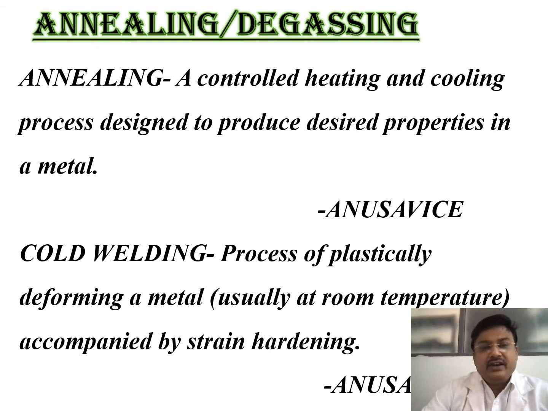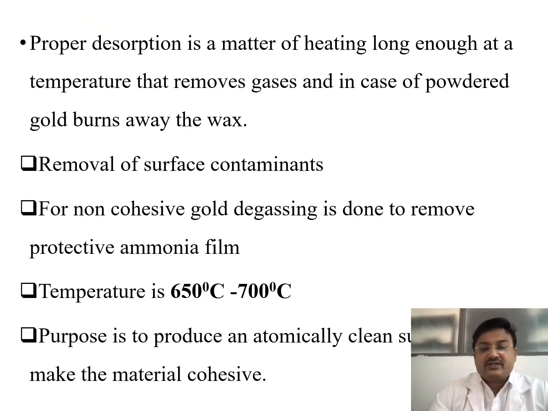Annealing or degassing is a controlled heating and cooling process designed to produce desired properties in the metal, by Anusavis. Cold welding is the process of plastically deforming a metal, usually at room temperature, accompanied by strain hardening. This is also by Anusavis.